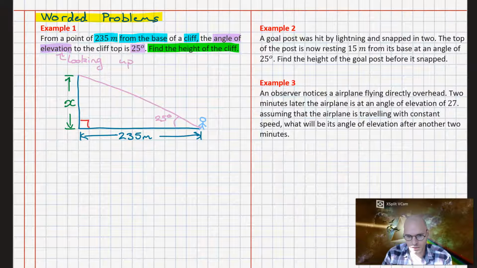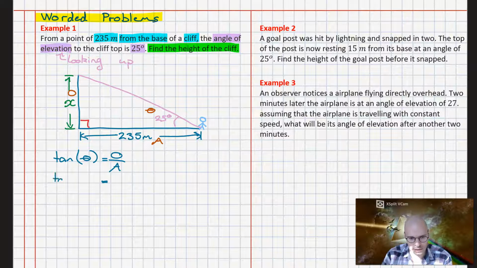To do this, I'm going to look at the angle of interest, which is 25 degrees, and I'll call it theta. Relative to theta we have the opposite side, which is represented by x, and the adjacent side, which is 235 meters. Now it's simply a case of tan theta equals opposite over adjacent.